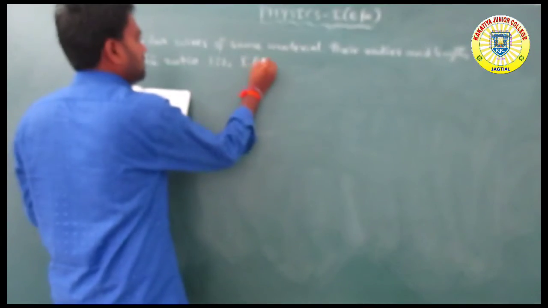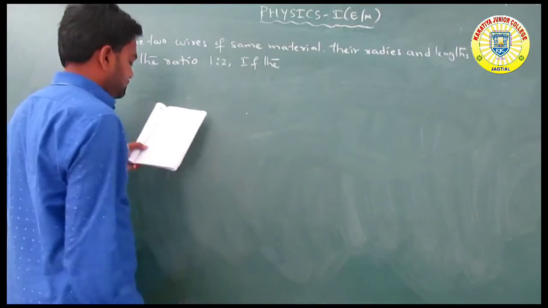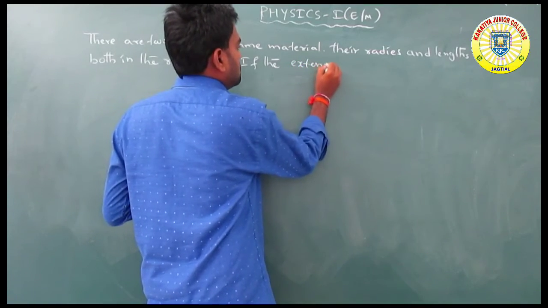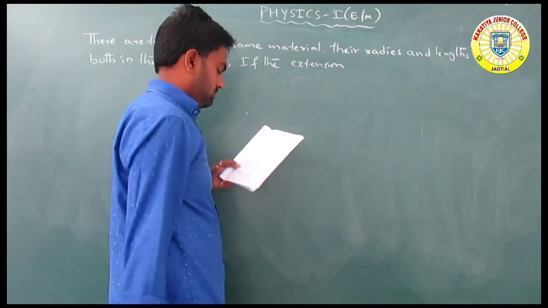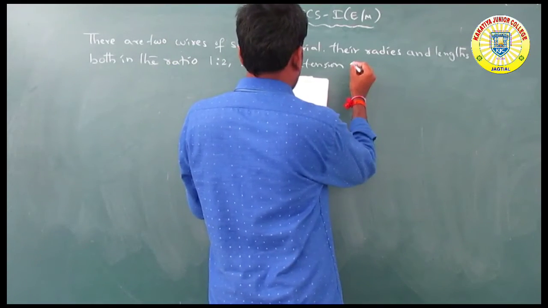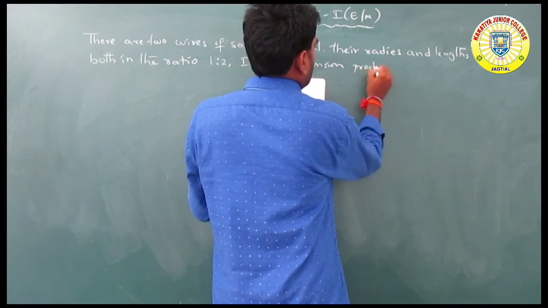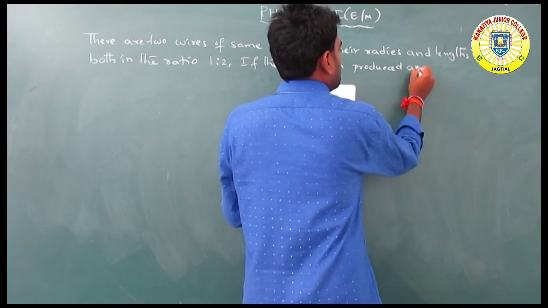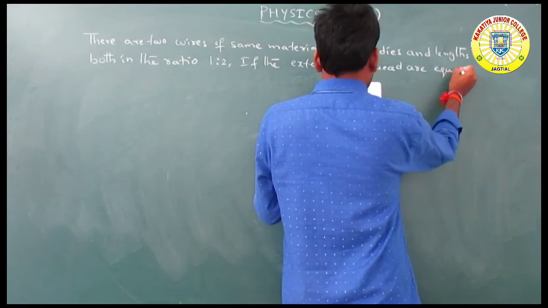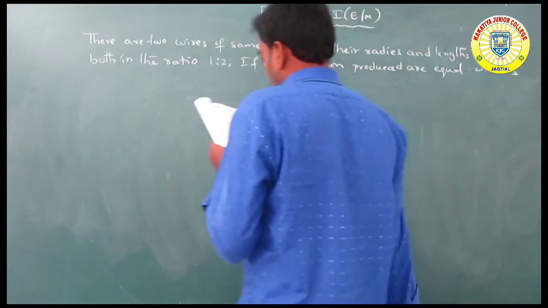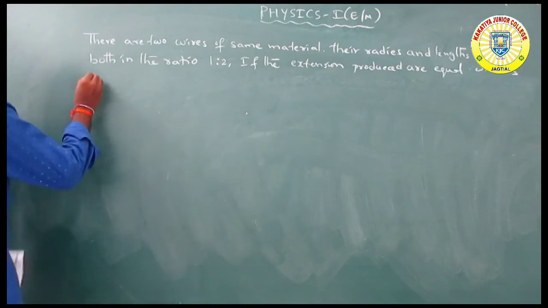If the extensions produced are equal, what is the ratio of loads?